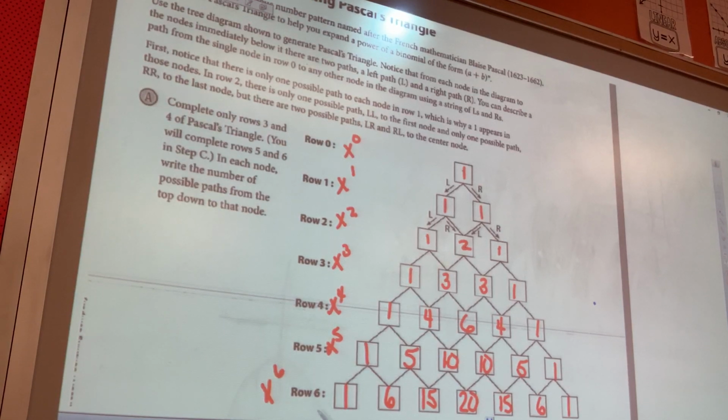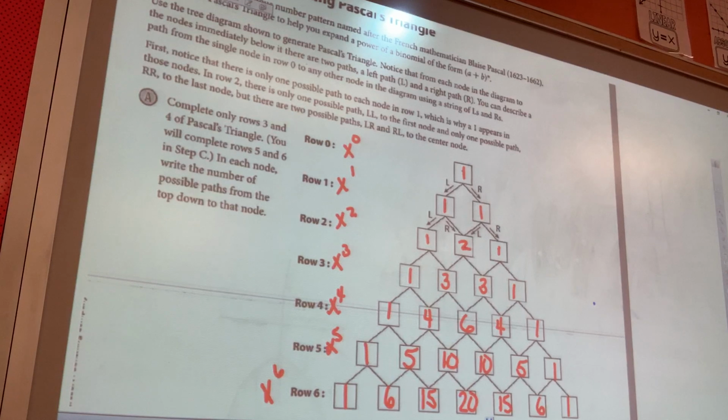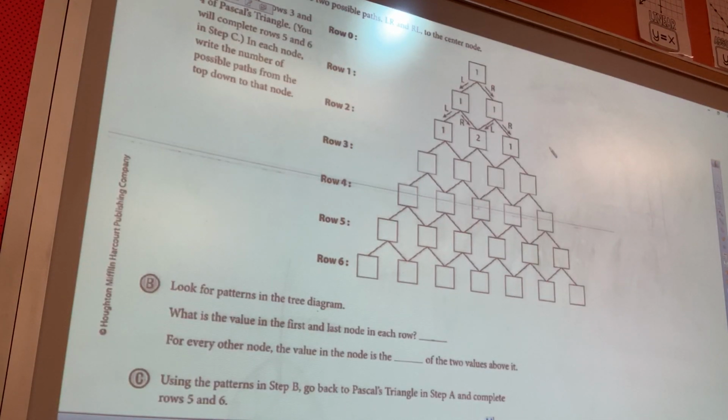So we could expand this on out further as many times as we wanted, but that's what Pascal's triangle is. So let's come back over here and let's look at these questions and see if we can answer them. So I'm going to fill this in and y'all read these questions right here. So this is 1.